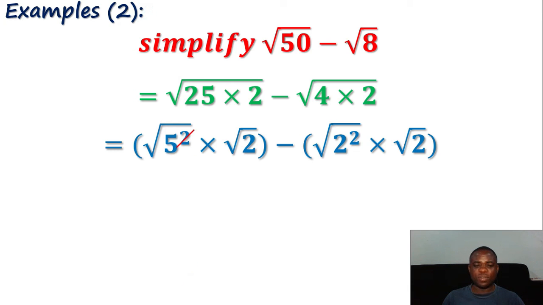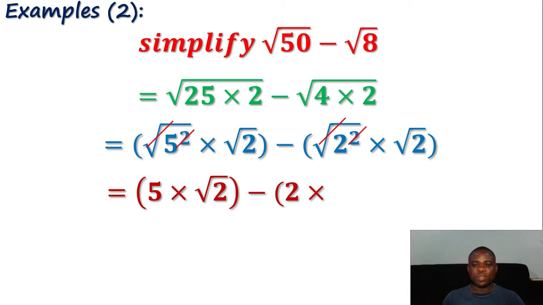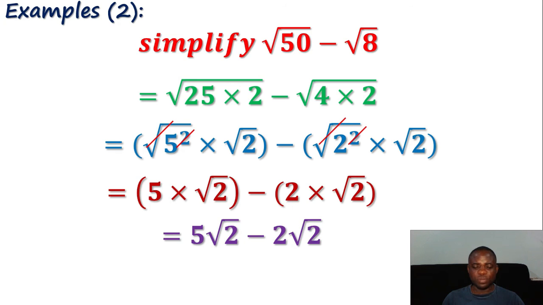Alright, so as usual, whenever there is a square root and an exponent, the exponent and then the square root will cancel out, leaving the figure standing all alone. So we are going to have 5 times square root of 2 minus 2 times square root of 2. And then this is going to give us 5 root 2 minus 2 root 2.